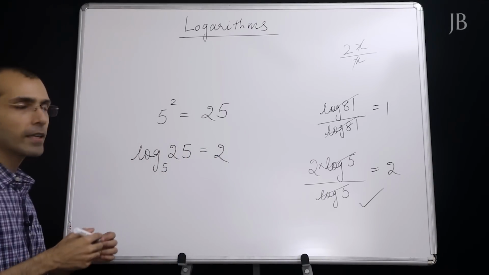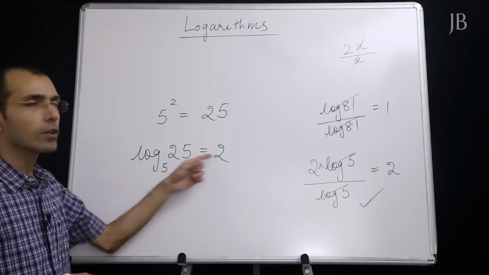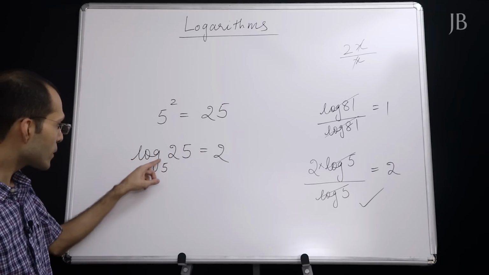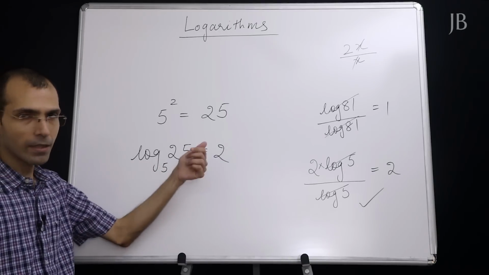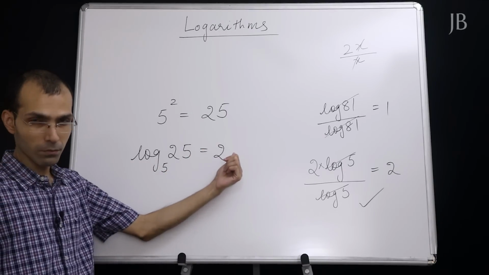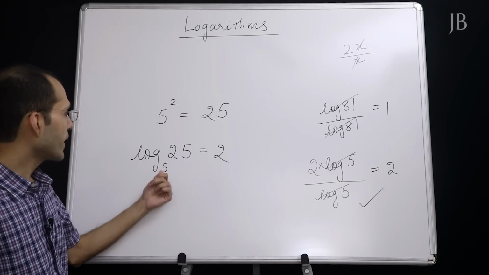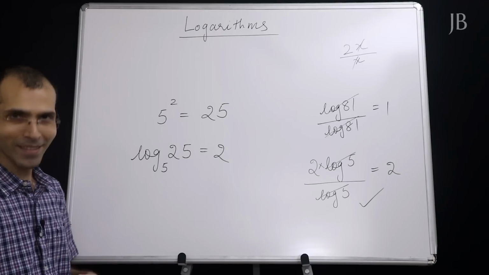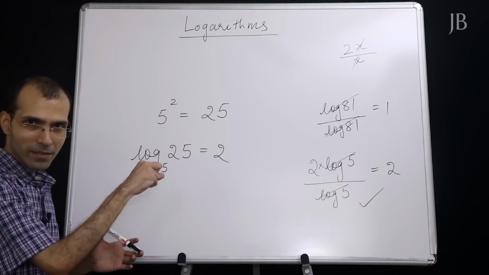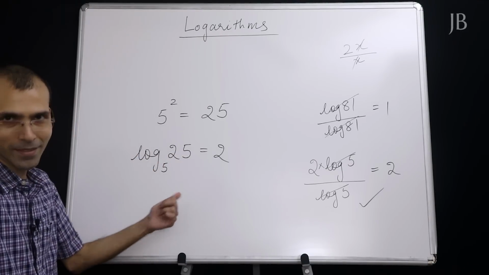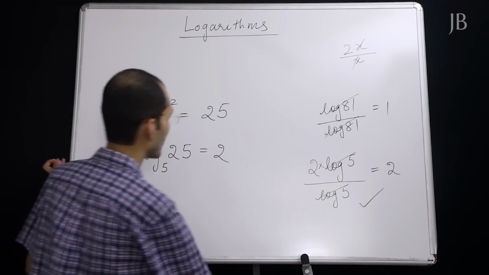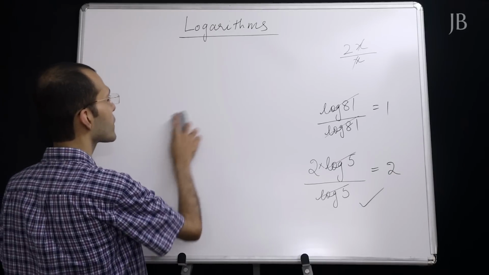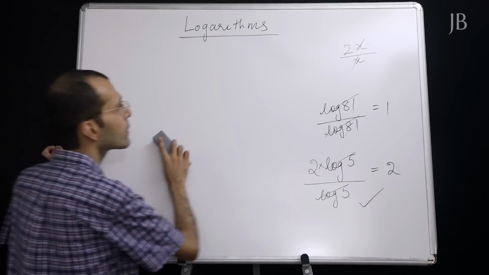So this is called exponent form and this is called the equivalent logarithmic form. So log 25 to the base 5 is 2. Let's check. Phi raised to 2, not 5 into 2. Phi raised to 2. How much? 25. So we are correct. Okay with this. And now there are some restrictions on the base and also on these numbers. So that we will see first before we go to the laws of logs.